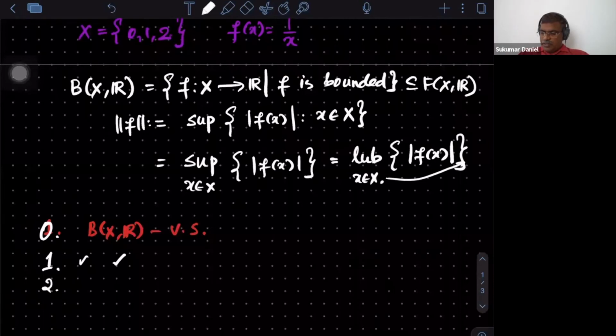What about quickly 2? Scalar multiple. Good. Triangle inequality.